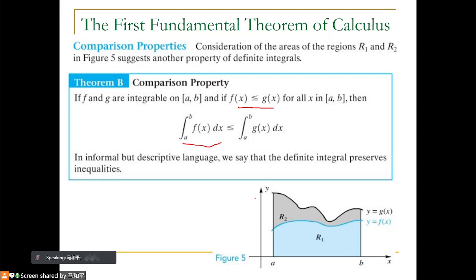If we have the curve with equation f(x), from a to b this definite integral is equal to the area of the region R1, and the other is the area of region R2.